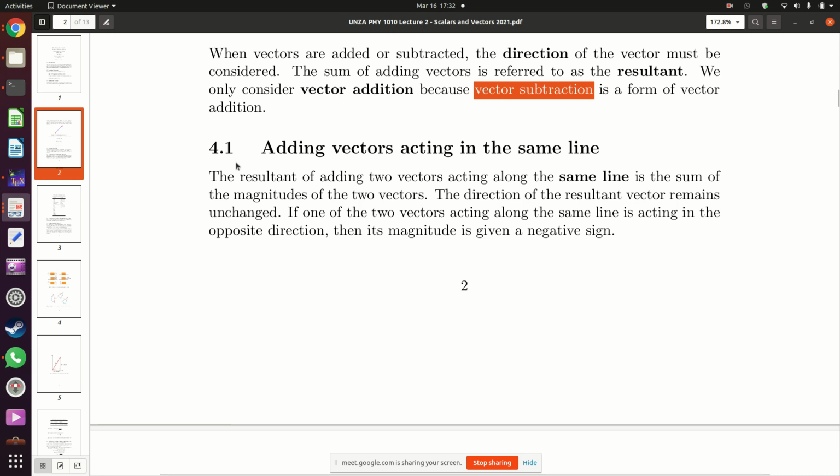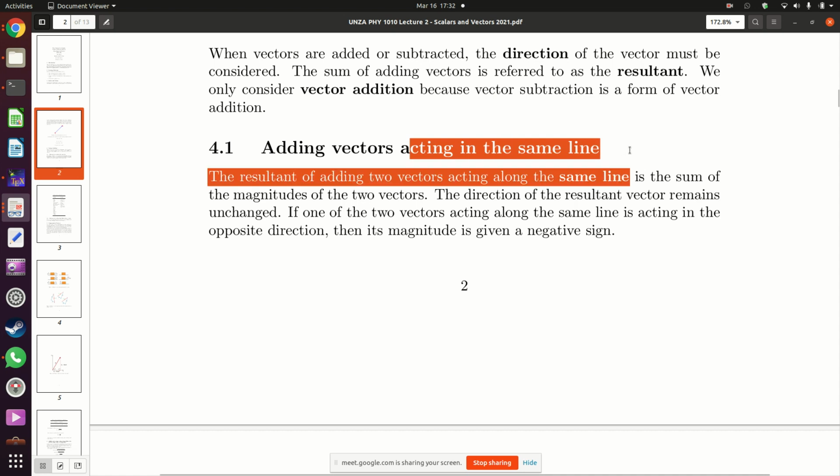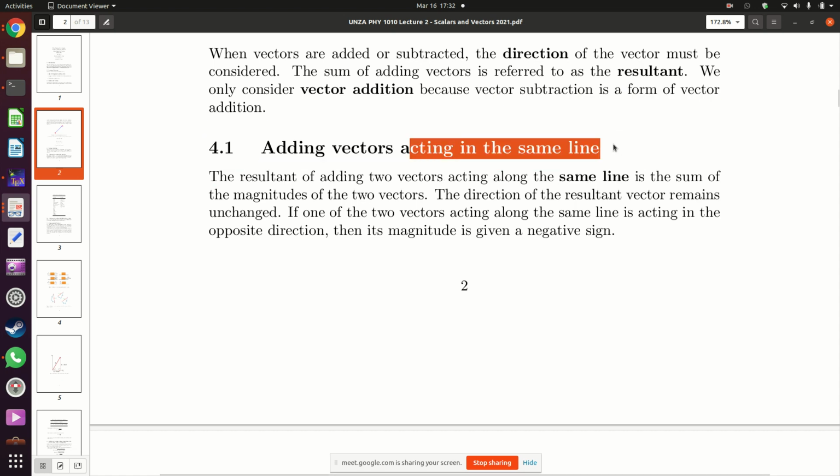So when you're dealing with vectors, you might have vectors pointing in the same direction. When vectors are pointing in the same direction, we say that those vectors are acting in the same line.